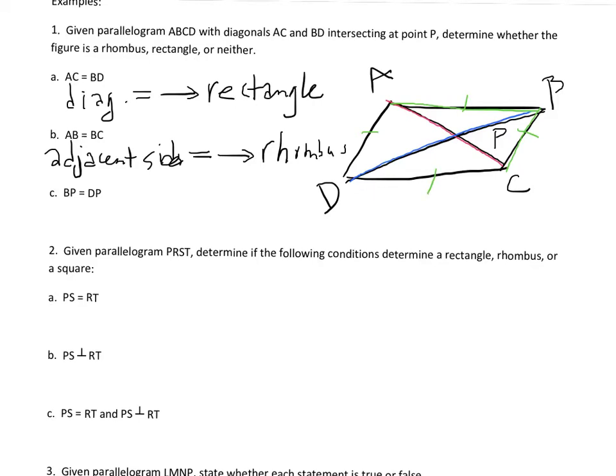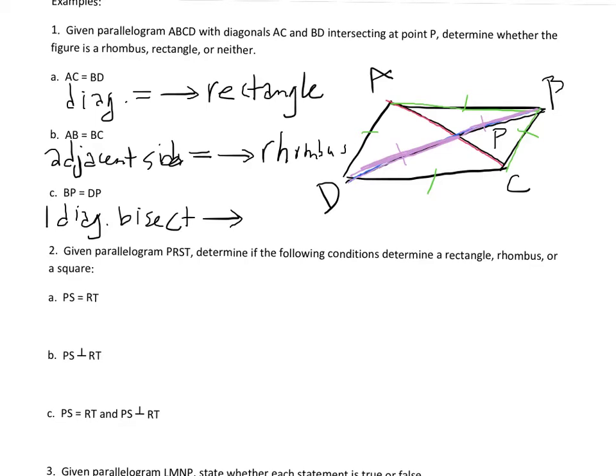The third part says BP equals DP. So if I was going to grab one more color here, it's saying that BP, this half little part, is equal to DP, this part right here. So it's saying this length is the same as this length. So that means that at least one of the diagonals is bisected by the other diagonal.